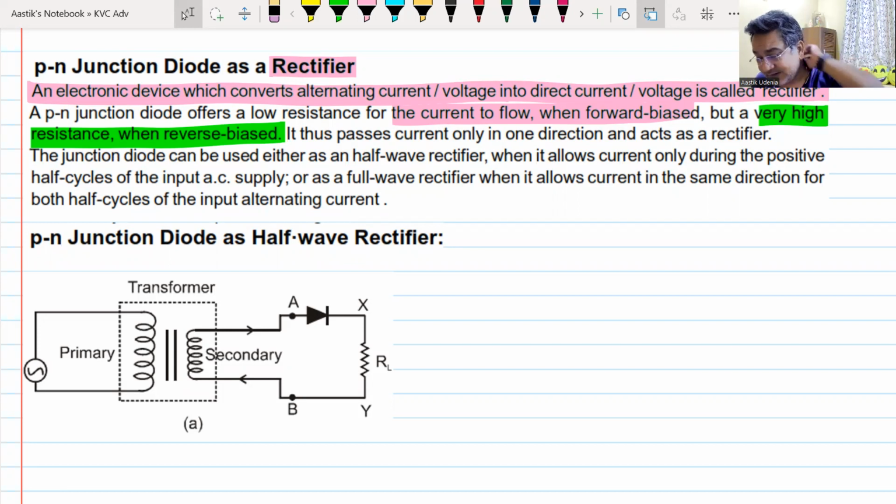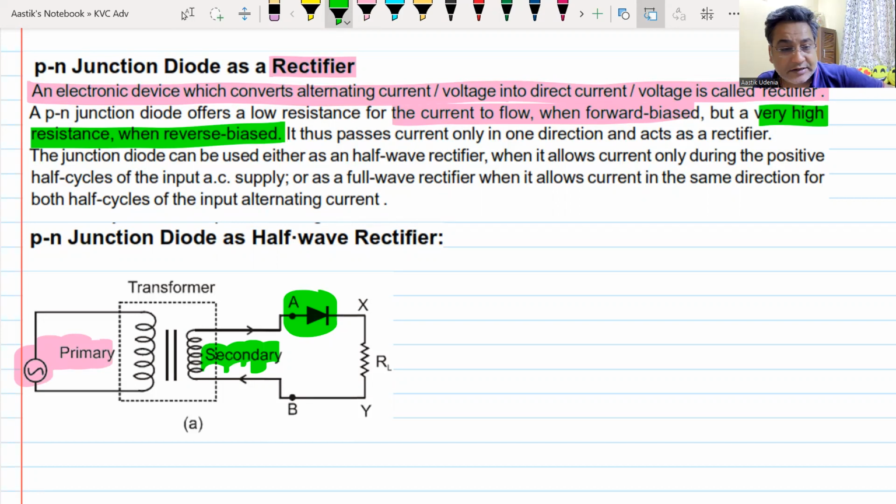You have primary and secondary. On the primary side, you have AC voltage. Do we see this, my dear friends? And on the secondary side, you have just put a single diode. Now what will happen? In the positive cycle, when this end is positive and this end is negative, it will transmit.